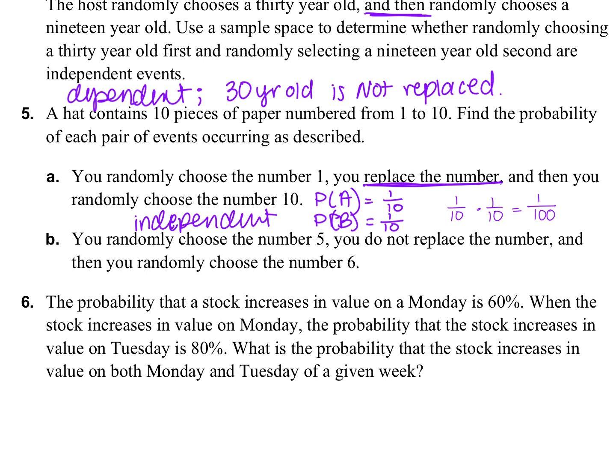Looking at the next one, it says you randomly choose the number 5. You do not replace the number. And then you randomly choose the number 6. So this is going to be dependent. And since it's dependent, that means I have to find B after A has occurred. So my probability of A, my first event, choose the number 5, there's one 5 out of 10.